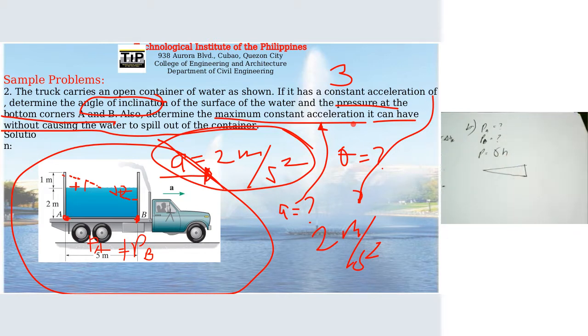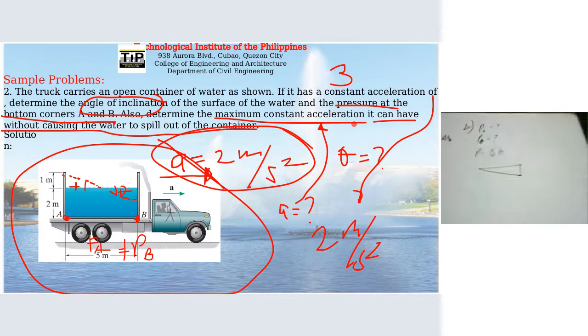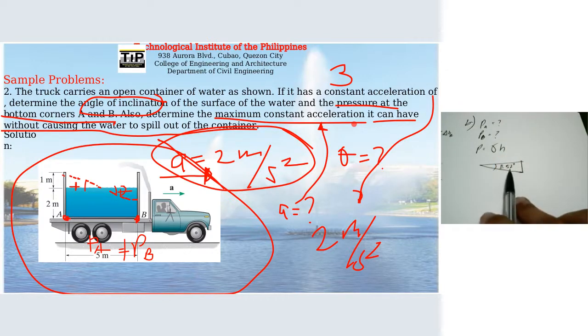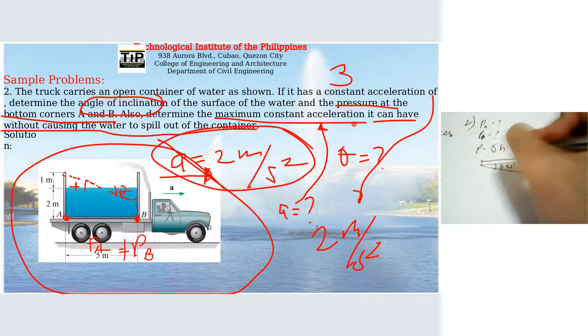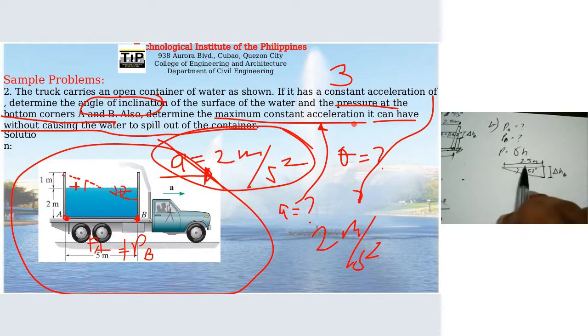Para mas malinaw, drawing natin yung triangle. So from this, siya ngayon. So ito yung delta H sa B. And then ito yung 2.5 meters.